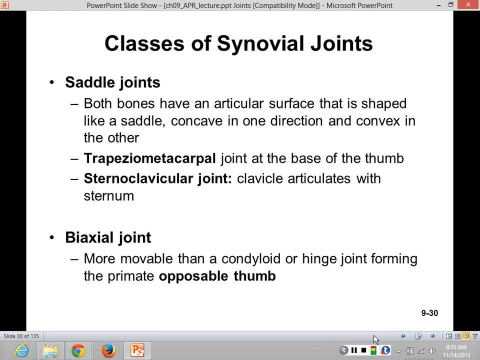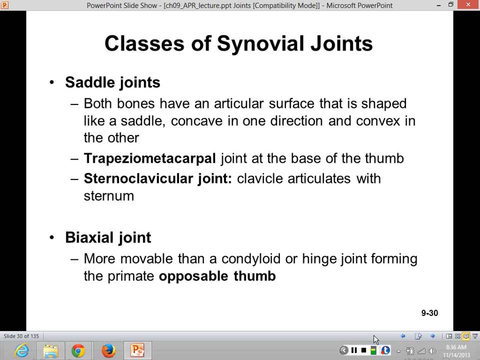Your saddle joint, actually there are two of them. The joint at the base of your thumb is called the trapeziometacarpal. That joint is sometimes referred to as your CMC joint. Okay? Which means it's the carpometacarpal.